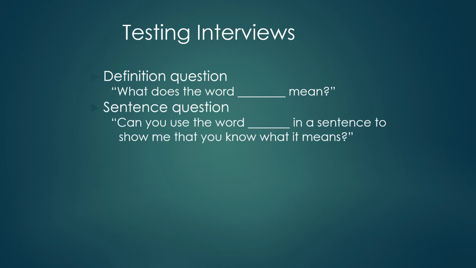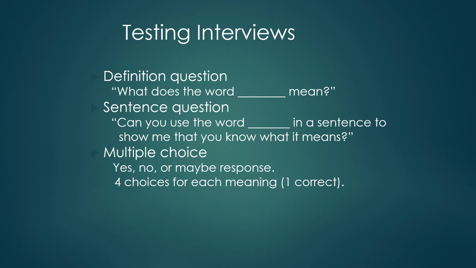Then, if the child could not explain the word, I asked them to use it in a sentence. Can you use the word closet in a sentence to show that you know what it means? Finally, if the child could still not show that they knew what the word meant, I asked them an oral 4-choice multiple choice question.